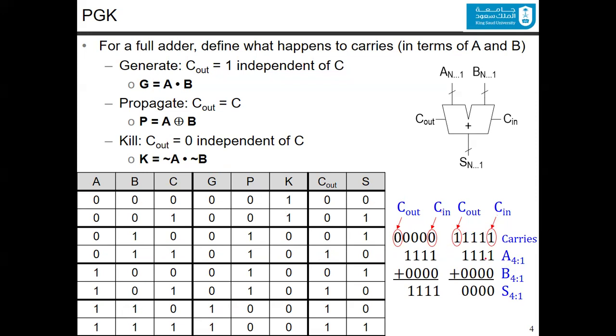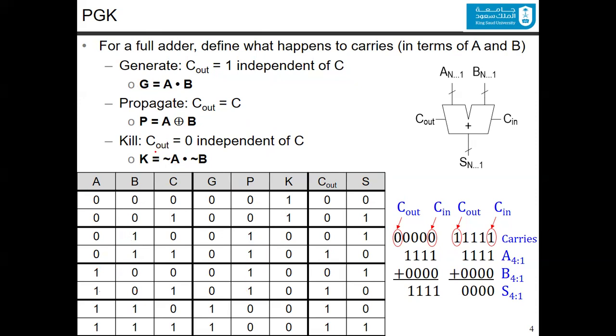So the propagation happens only if you have A equal to 1 and B equal to 0, or A equal to 0 and B equal to 1. This is why the propagate signal is actually A XOR B. Remember, 1 and 1 is actually the generate signal. So A XOR B is the propagate signal, and you can see that the propagation is equal to 1 only when A and B are different from each other.